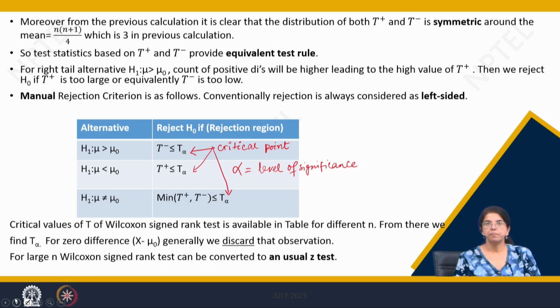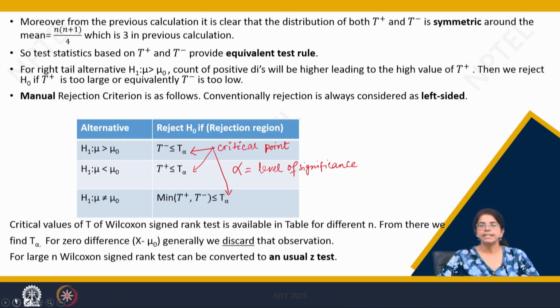Moreover, from the previous calculation, it is clear, already I have noted it down, that the distribution of both t plus and t minus are symmetric around the mean n into n plus 1 by 4. So, when we are taking n is equal to 3, that will be 3 in the previous calculation.